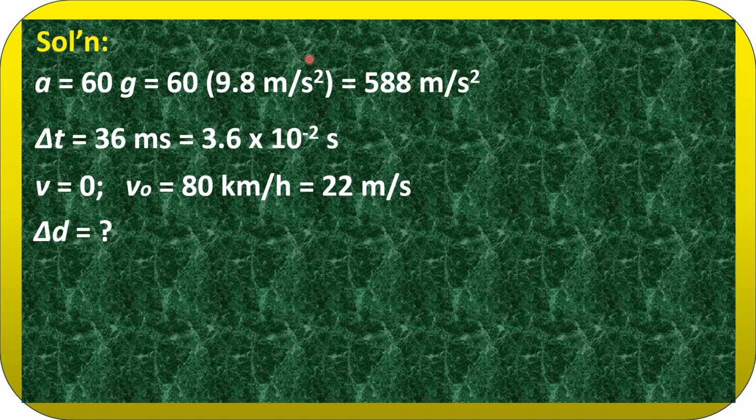All right? So using the kinematics formula, delta D equals v naught multiplied by time t minus 1 half a t squared.